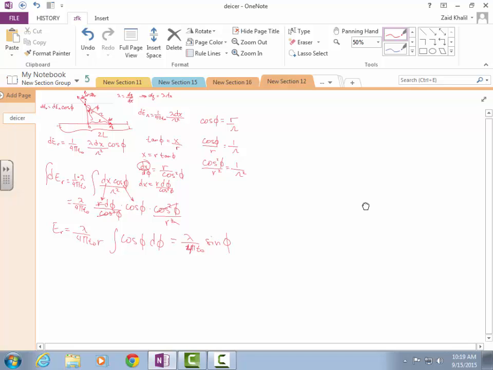The length. So in other words, we want to get this back into which form? L, that's right. Because we know that the limits of integration go from where to where? From negative L to L. That's right. So I'll just put this back into that form. So you get lambda over 4 pi epsilon naught little r. And what's sine of phi?